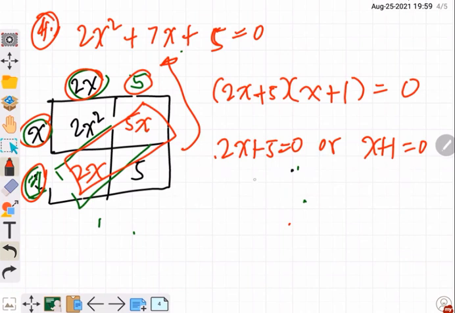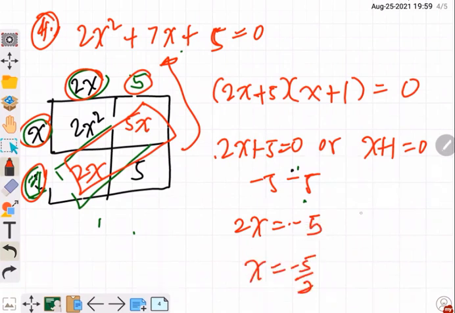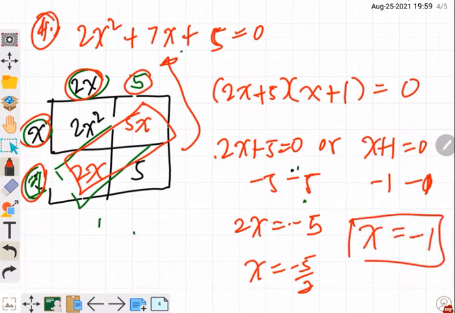Solving for x, we get 2x is just negative 5, therefore x is negative 5 over 2. And x plus 1 equals 0, therefore x is just negative 1. That gives us the solution for this as x equals negative 5 over 2 and negative 1.